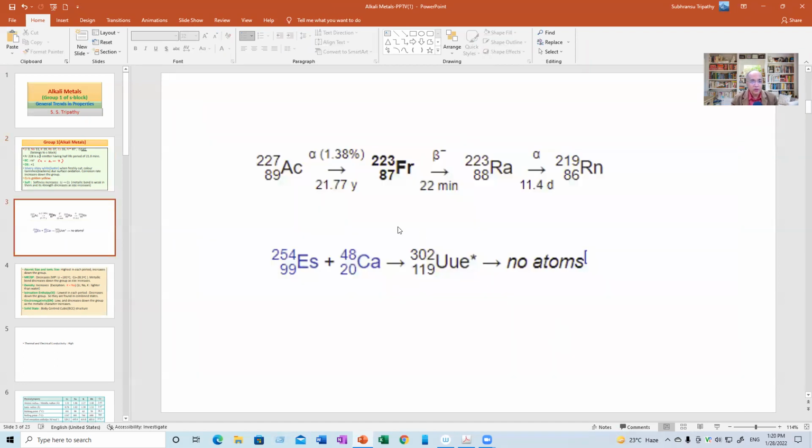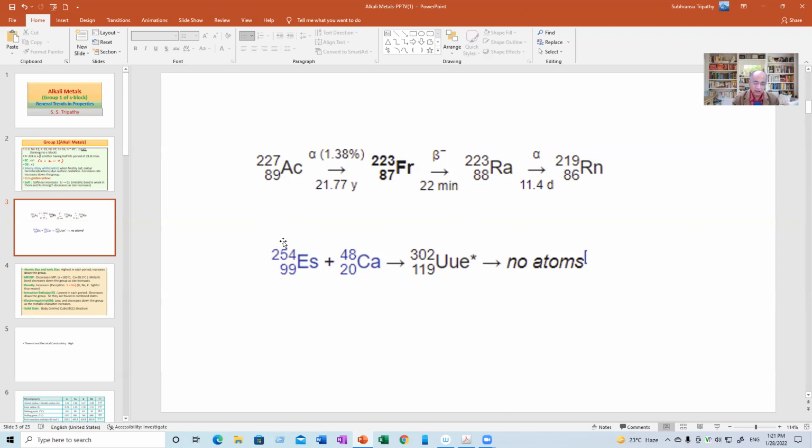Now, I'm telling you how the element 119 experiment was done, and it has been very difficult to get einsteinium, which is also a synthetic element in the actinide series. 254 is the mass number.